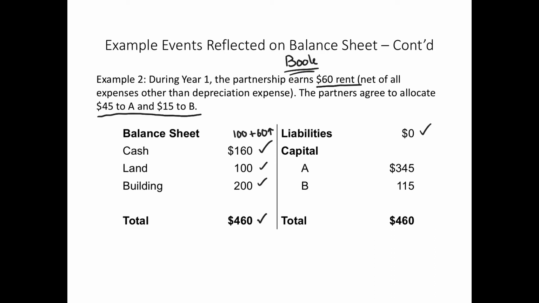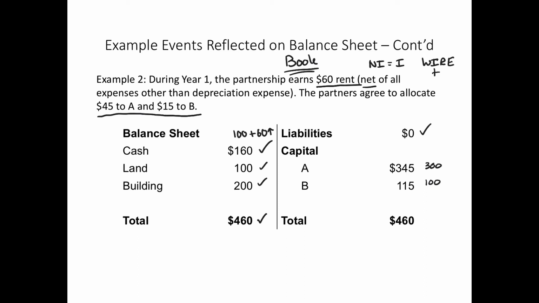Capital. So before, A had 300 and B had 100. We're told that we allocate the rent. This is a net income, or just, you can call it income, right? We have WIRE, W-I-R-E. By the way, in our previous example, in WIRE, the 300 and 100, that was the investment. Investment increased.